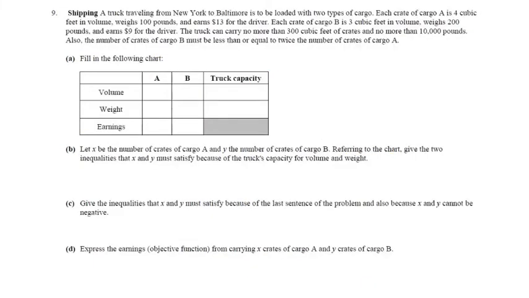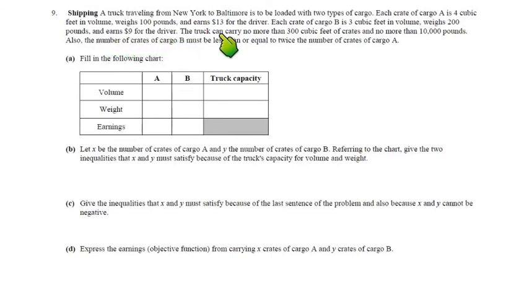All right, I want to help you set up the next question just a bit, and then that will be all for this video. It says, a truck traveling from New York to Baltimore is to be loaded with 2 types of cargo. Each crate of cargo A is 4 cubic feet in volume, weighs 100 pounds, and earns $13 for the driver. Each crate of cargo B is 3 cubic feet in volume, weighs 200 pounds, and earns $9 for the driver.